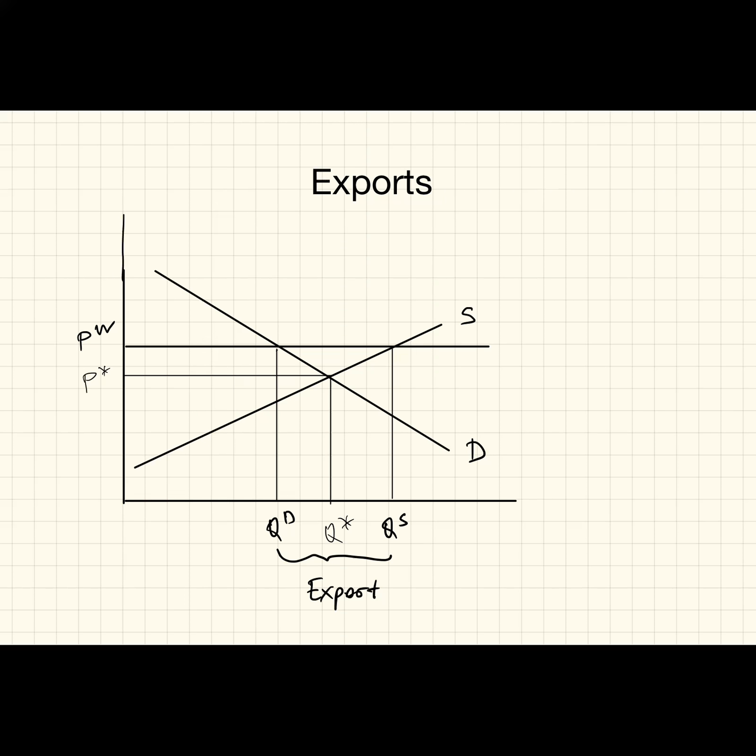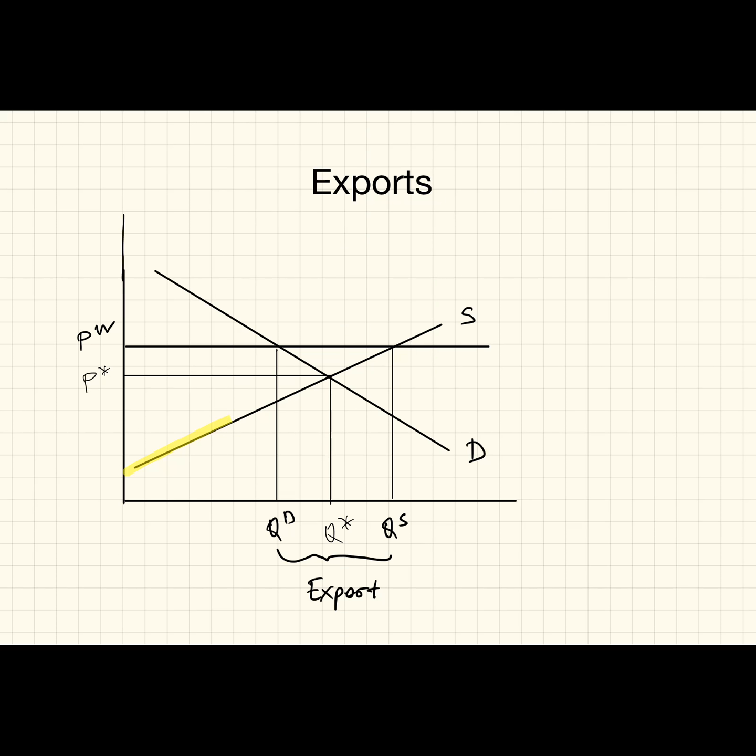But overall, we're also going to see that total surplus is going to increase because those who gain from opening this market are going to benefit more than those who lose. And to figure out why it's the case, we just need to compare consumer and producer surpluses before and after the market opens to international trade.